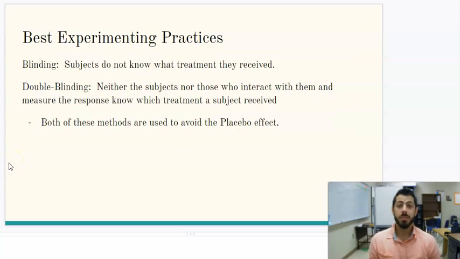Now, there are some good principles that we like to have whenever we can. First, blinding. When you have a blinded experiment, a single blind experiment, then the subjects or the experimental units do not know what treatment they received, right?